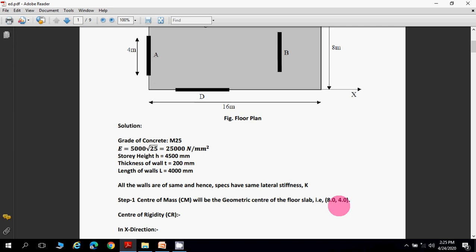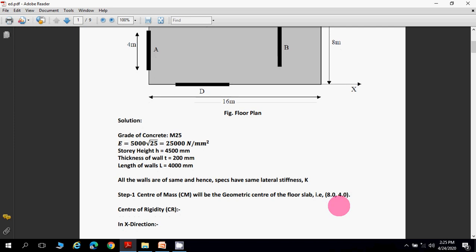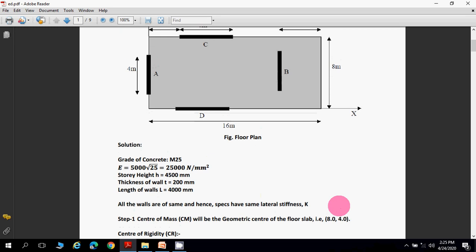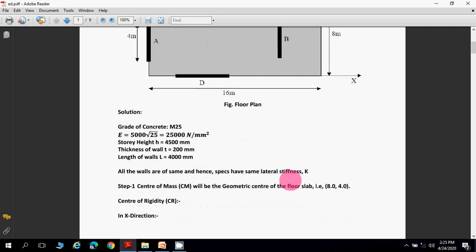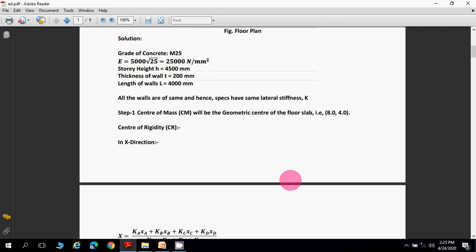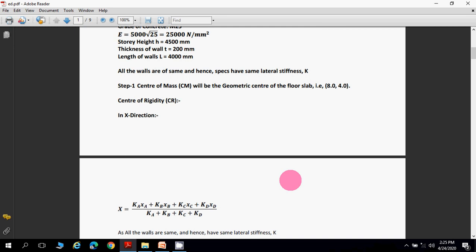Similarly we can find the center of rigidity, which we will find using the various shear walls provided in this floor slab. If we are calculating in the x direction, then as I discussed earlier, the center of rigidity or center of stiffness will be given by Ka into Xa plus Kb into Xb plus Kc into Xc plus Kd into Xd divided by the summation of all the stiffnesses.